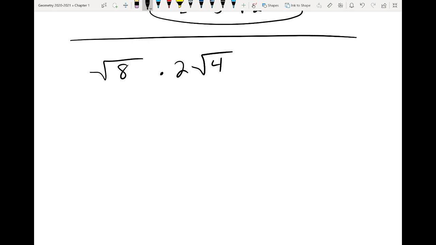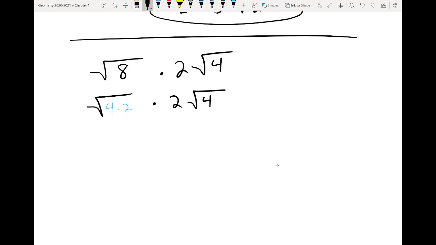So let's work with each individual radical. This guy is going to be broken down to 8, which, of the square numbers, 1 doesn't matter, 4 is a factor of 8, right? 4 times 2. And we're going to leave the other guy alone, 2 times rad 4, okay?